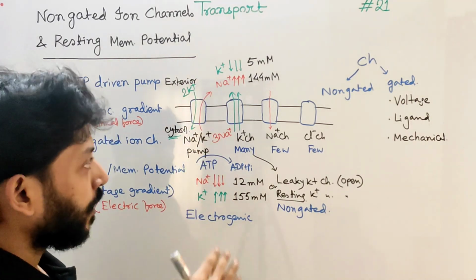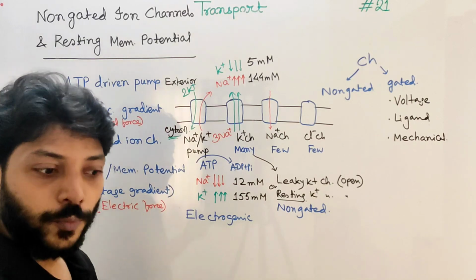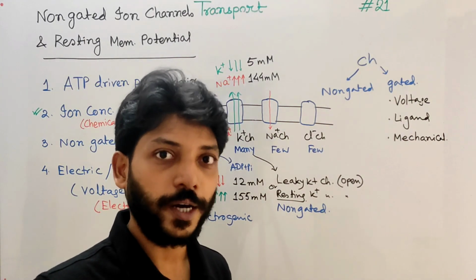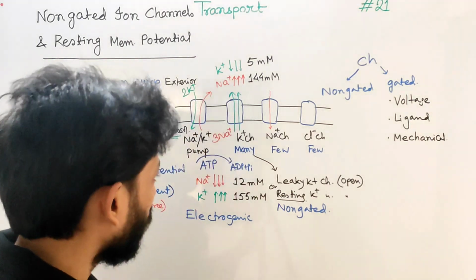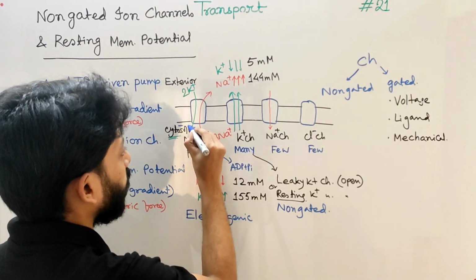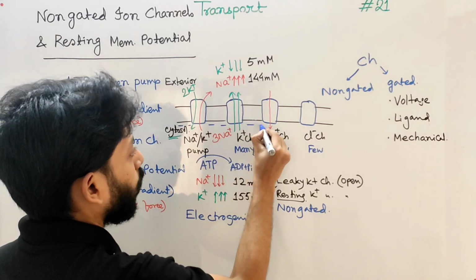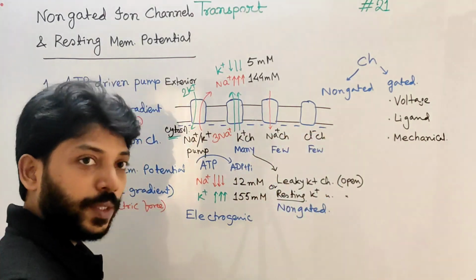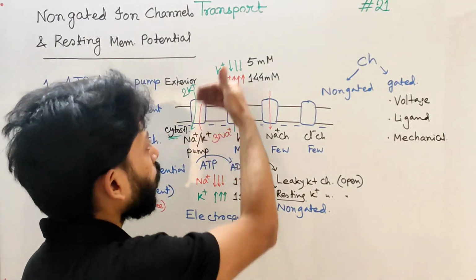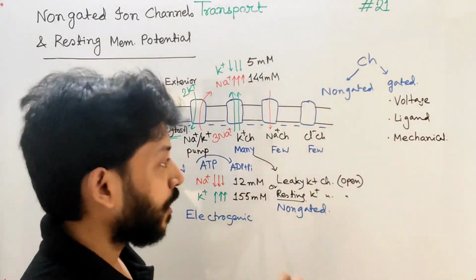That means it is exporting more positive ions outside and importing fewer positive ions. And that's how inside, in the cytosol, more negative charge will be present, because there is always a balance. If you move more positive ions out, what will happen?